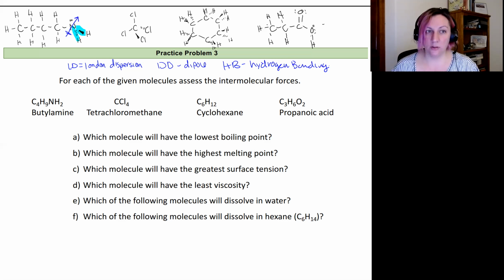So for butylamine, I know it's going to have London dispersion forces because it has electrons, and that's all I'm really looking for to assess that. It's going to have a dipole-dipole interaction because it has a dipole moment, and it has these 2 NH bonds in the molecule, so it can have hydrogen bonding interactions.